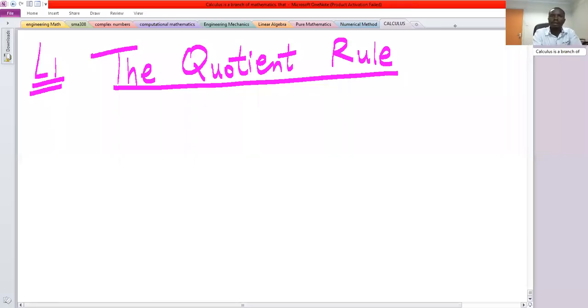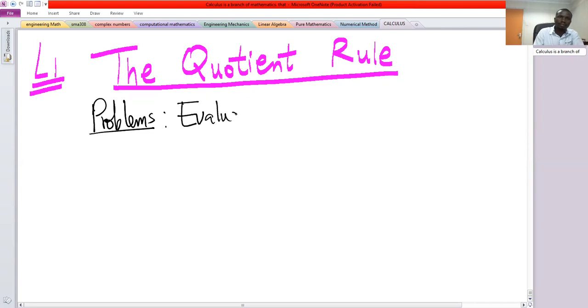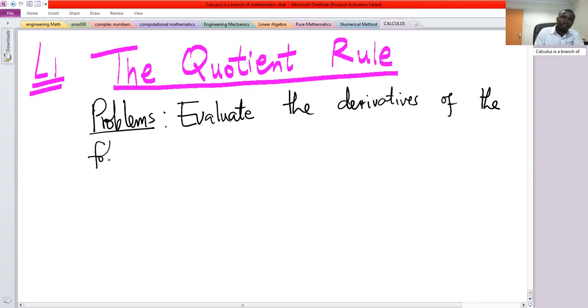Welcome to this class. This session, we are going to do problems on application of quotient rule. So problems. Evaluate the derivatives of the following.